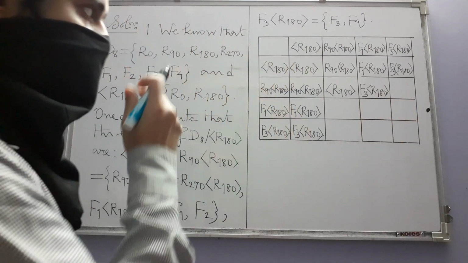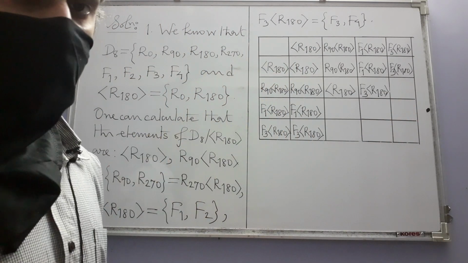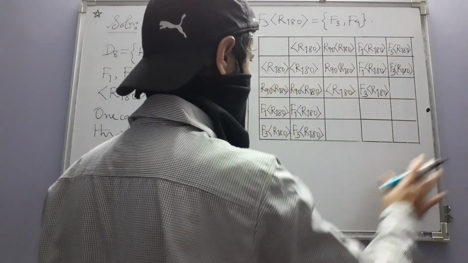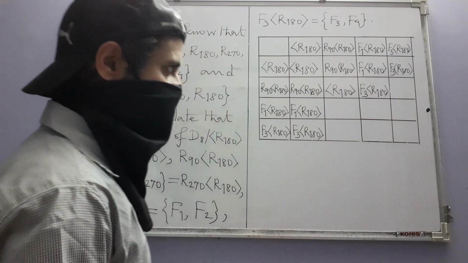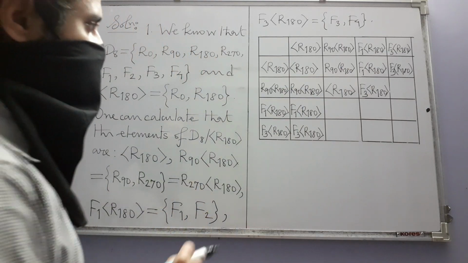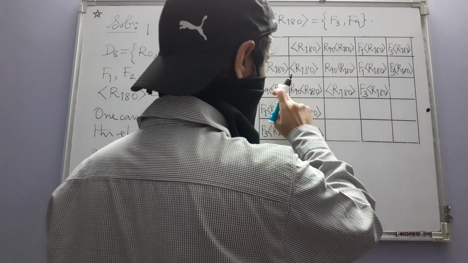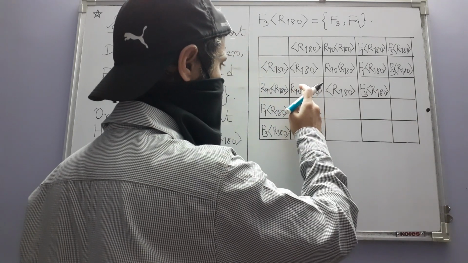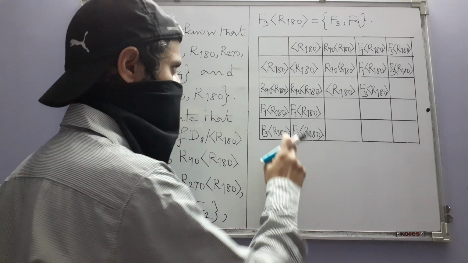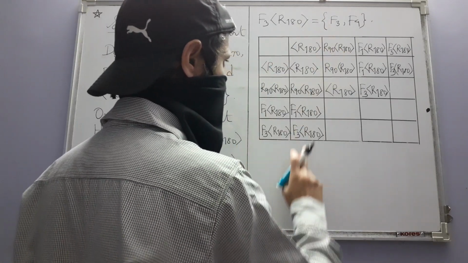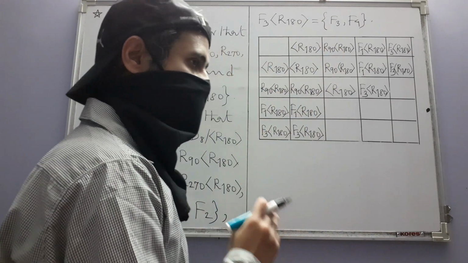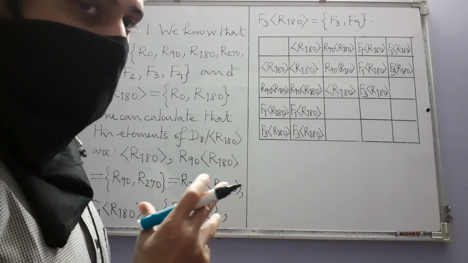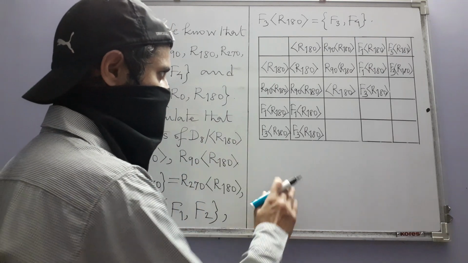Now you know another fact in a group table, that when you are filling in the cells, each element of the group appears exactly once in each row and each column. That's the thing. Let me repeat it.